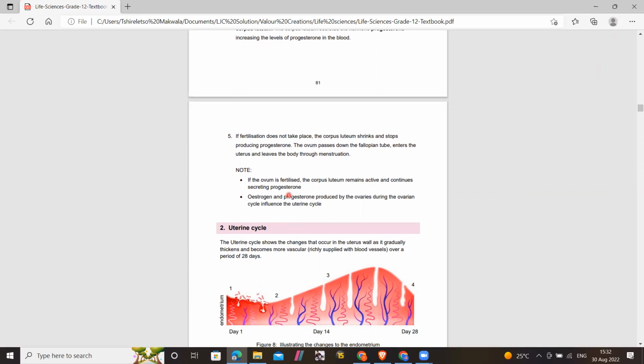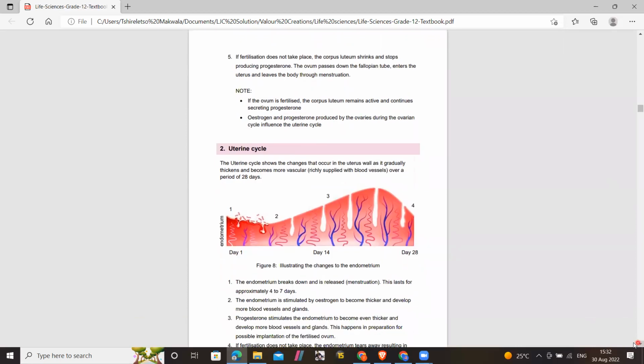Estrogen is still produced because it also helps thicken the walls. These walls have to be thick because the child needs high levels of nutrients and something like a cushion to house the child in.